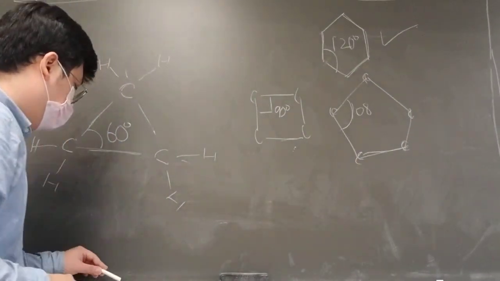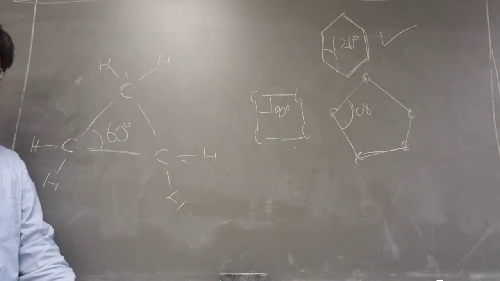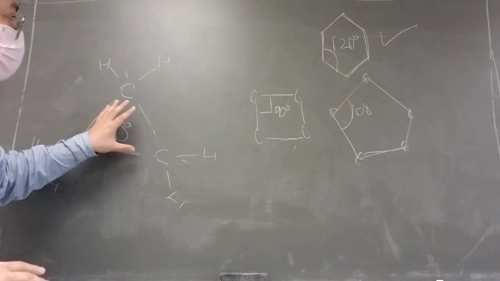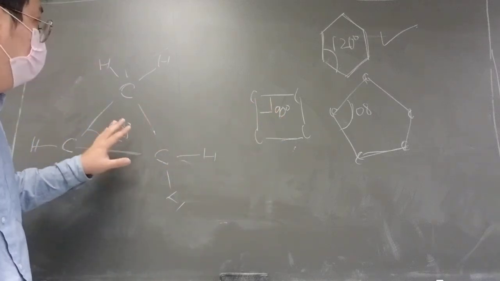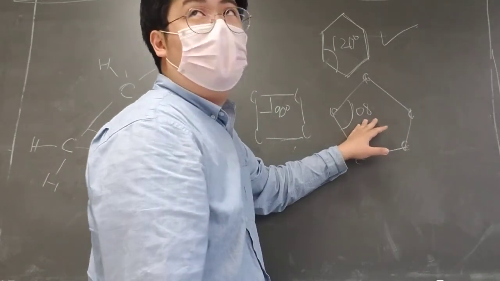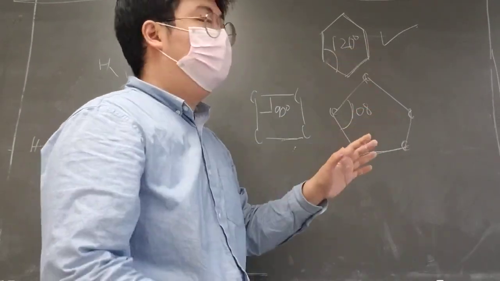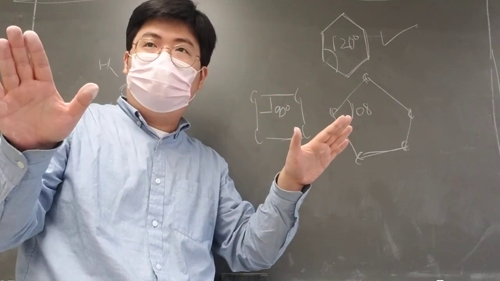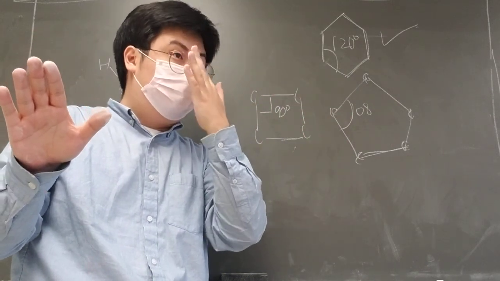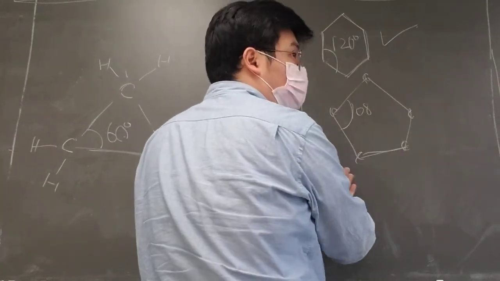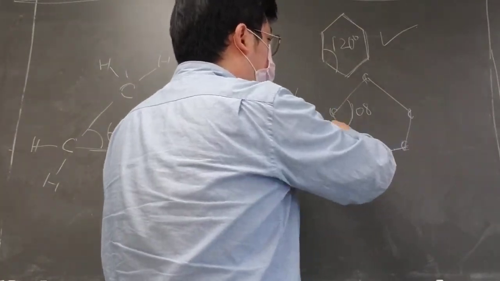So there's one assumption here that is wrong. What is it? You get this 90 degree, 60 degree, this is in plane for sure, but 90 degree, 108, or 120, you assume they're on the plane, right? If they're on the same plane, that is for sure 180 degrees.